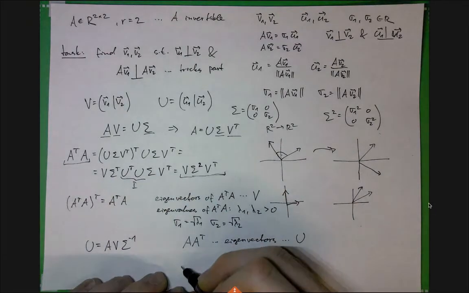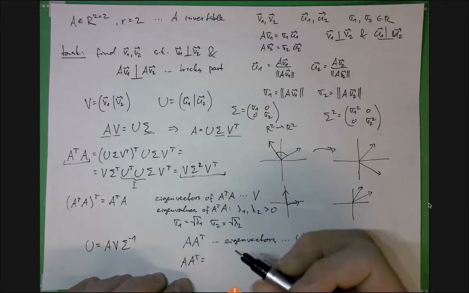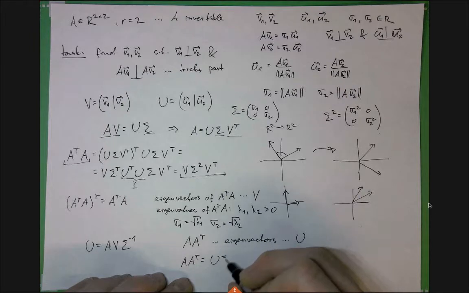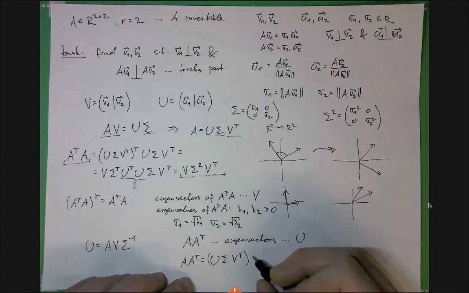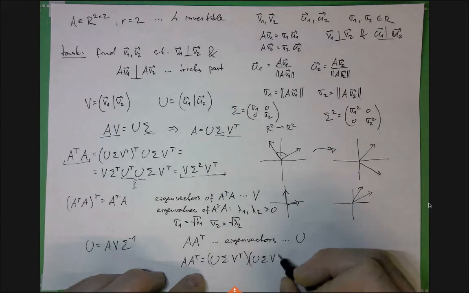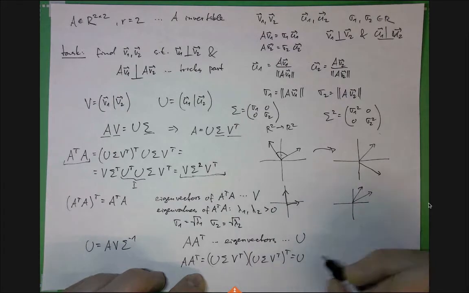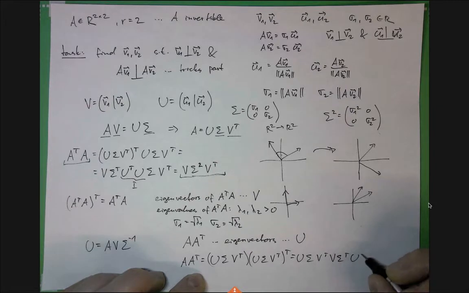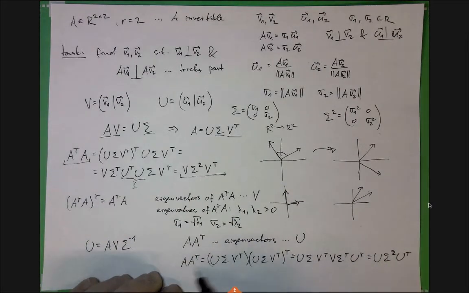You can look at it this way: AAᵀ is U Σ Vᵀ times U Σ Vᵀ transposed, which is U Σ Vᵀ V Σᵀ Uᵀ, which is nothing but U Σ² Uᵀ, right? So this eigendecomposition of AAᵀ reveals the left singular vectors and again the singular values. They must be the same singular values.